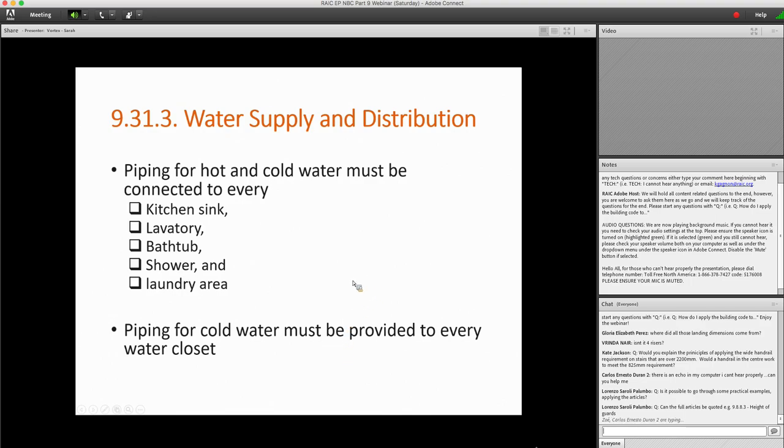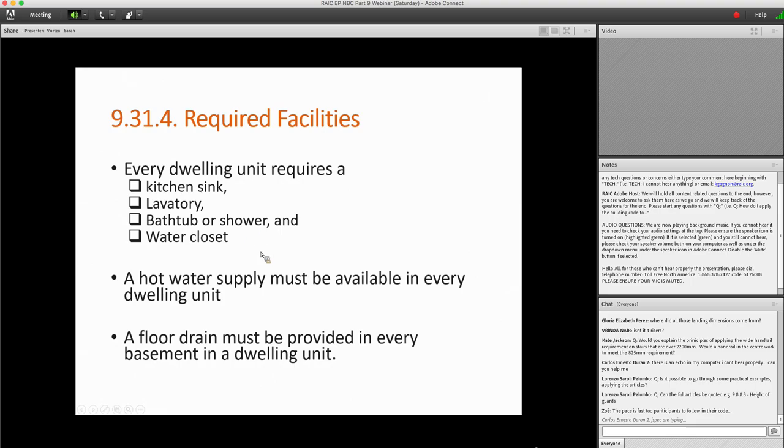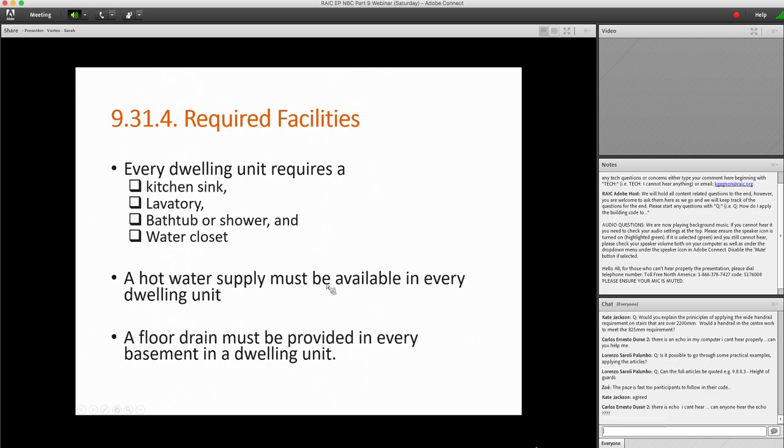Piping for cold water must be provided to every water closet. Again, as a defined term, a dwelling unit is required to have a kitchen sink, a lavatory, bathtub or shower, and a water closet. A hot water supply must be available in every dwelling unit. And where there is a basement in the dwelling unit, a floor drain must be provided in that basement.